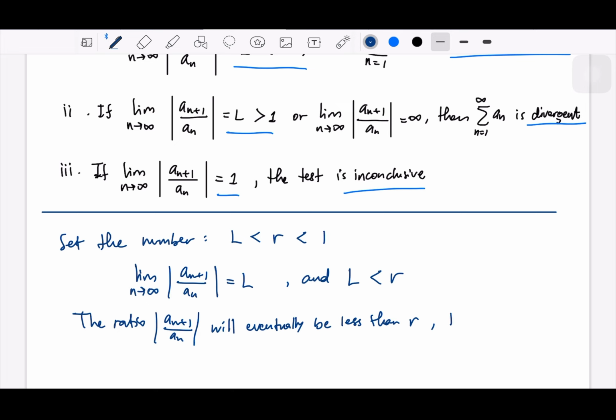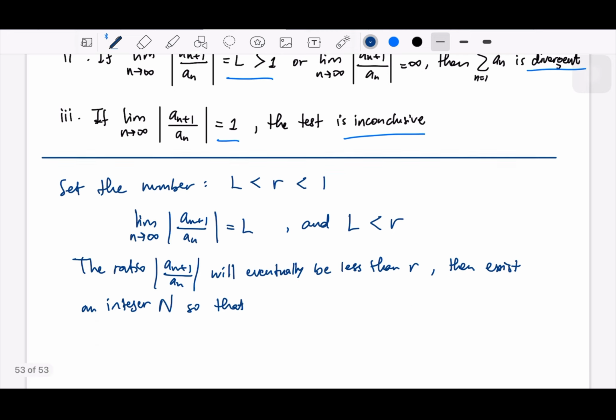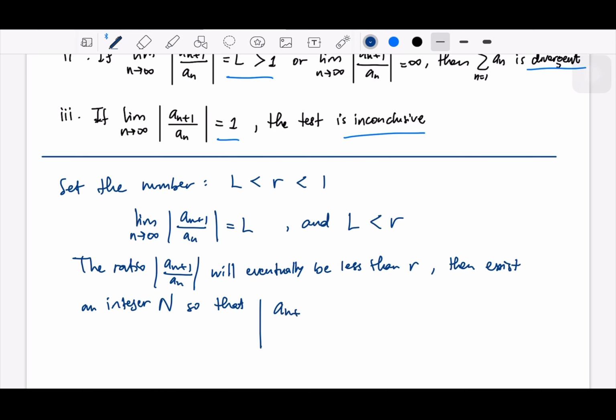And then there exists an integer capital N, so that the ratio of these two will be less than R whenever the integer is increasing.